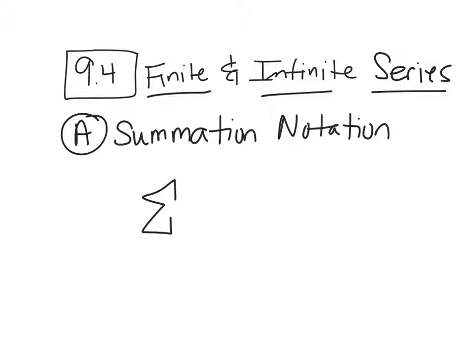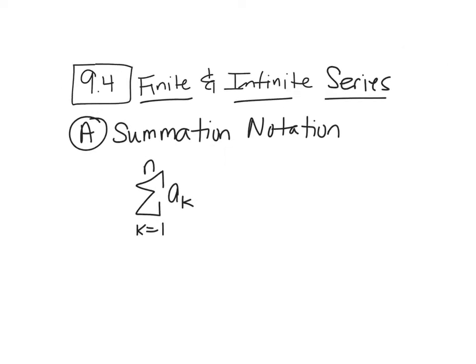And what this means is to evaluate the sum. So if we start, for example, k equals 1 to n for a sub k, we have some explicit formula in here. K equals 1 is our starting point, n is our ending point. So this is a finite sum. It has an ending point.